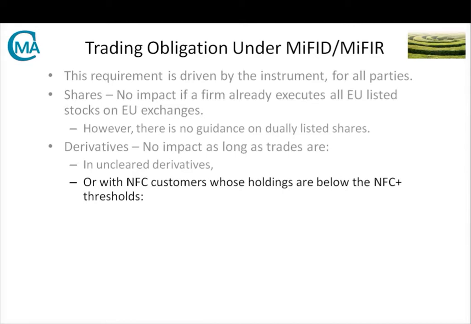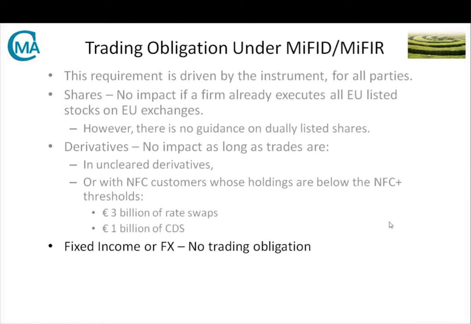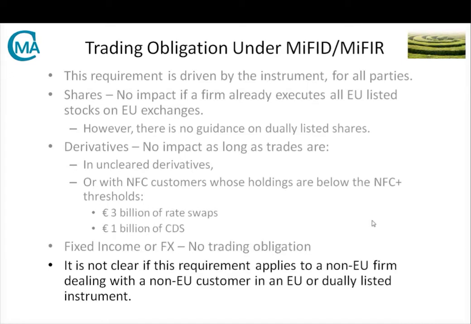This NFC plus and minus came about during MiFID I and EMIR. It says if they have 3 billion of rate swaps or 1 billion of CDSs, they're above the threshold, and this applies. So for clearable swaps with financial customers or NFCs above this threshold, the requirement to do this applies. For FX or fixed income currency, there's no trading obligation.